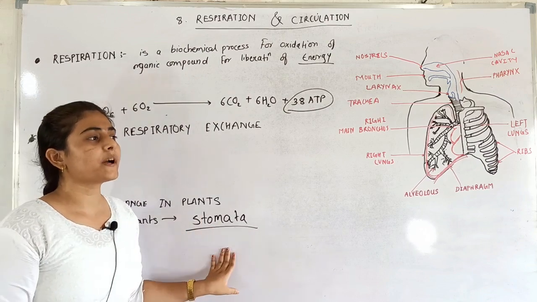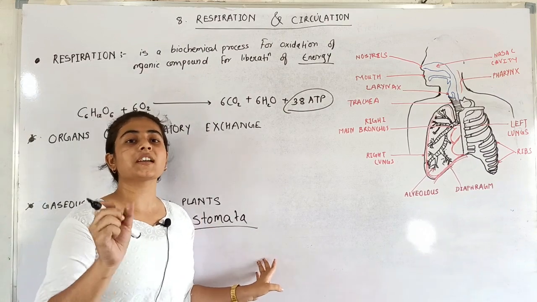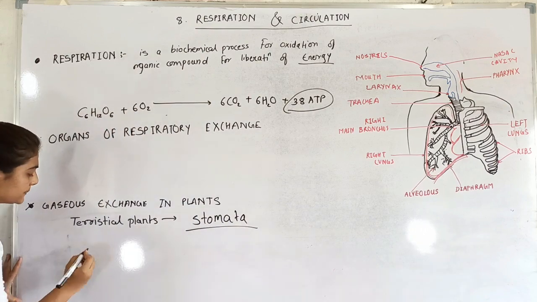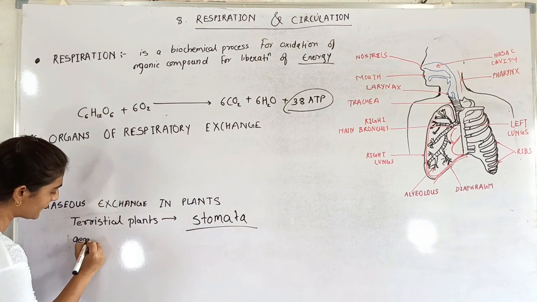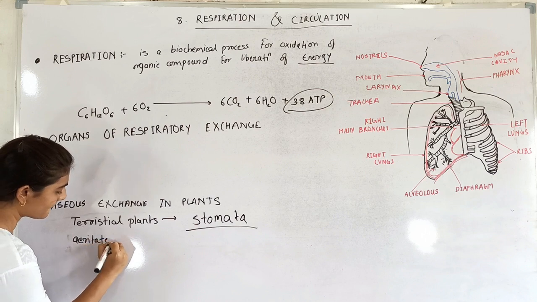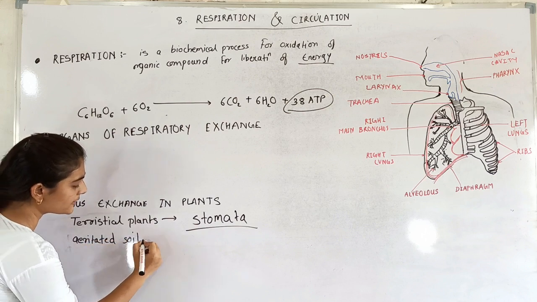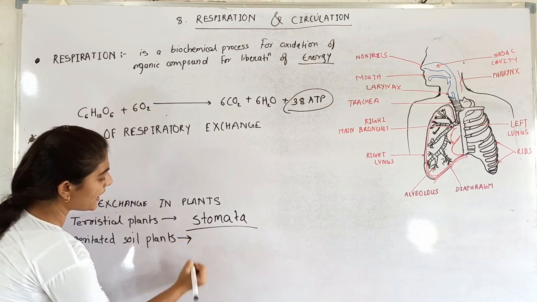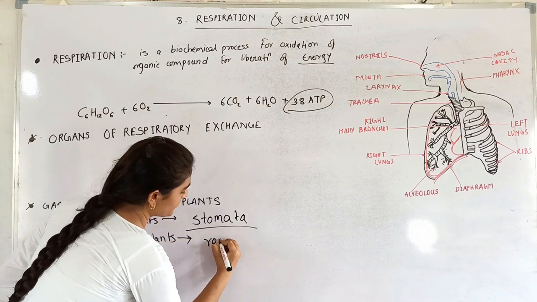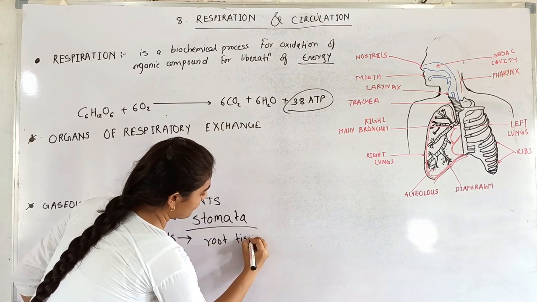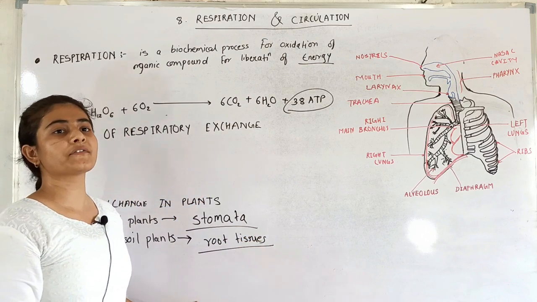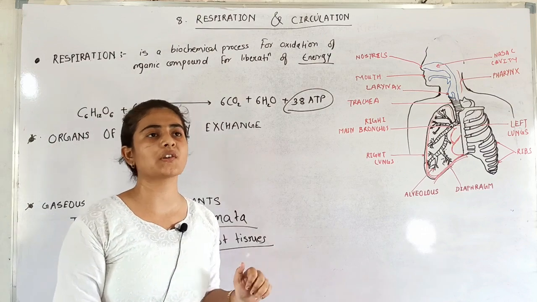So in terrestrial plants, the stomata is the major organ of gas exchange, and in aerated soil plants, the root tissues are the organs responsible for exchange of gases.